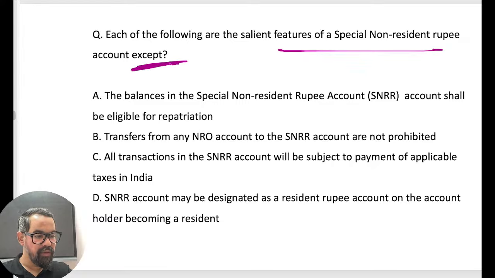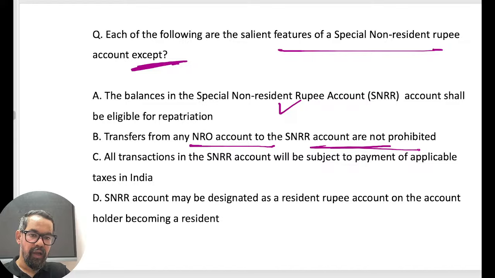Except, हाँ, except. तो क्या होगा? This is allowed, ठीक है. Transfer from NRO accounts to SNRR account is prohibited. This is आपका true, ठीक है.